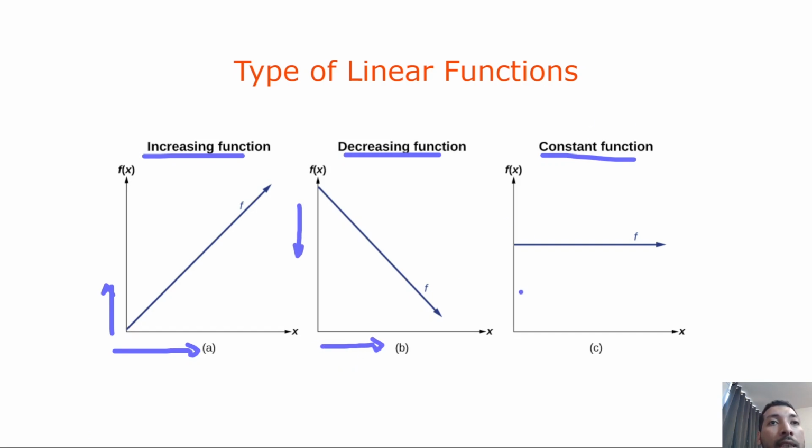And the constant function is the one where the y value will just remain constant as you go from left to right. So the y value would not increase or decrease. It will just remain flat. So this is termed as a horizontal line. You can see that we don't have any vertical line over here because a vertical line is not a linear function.